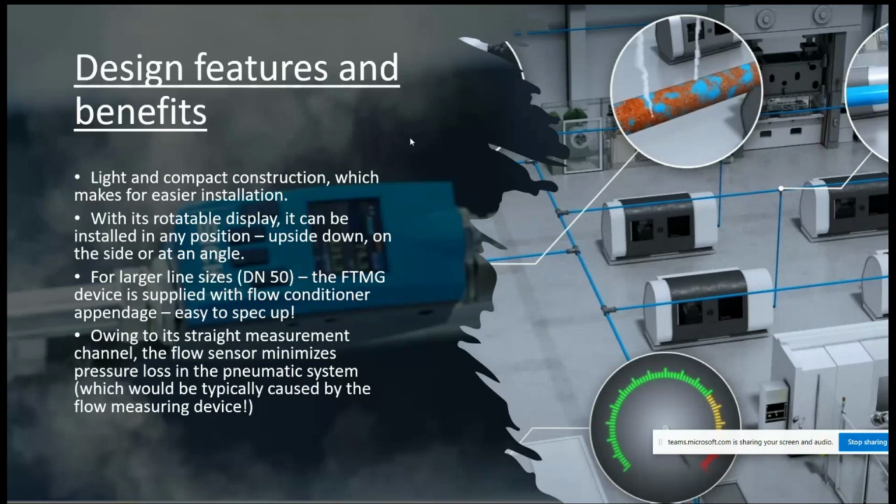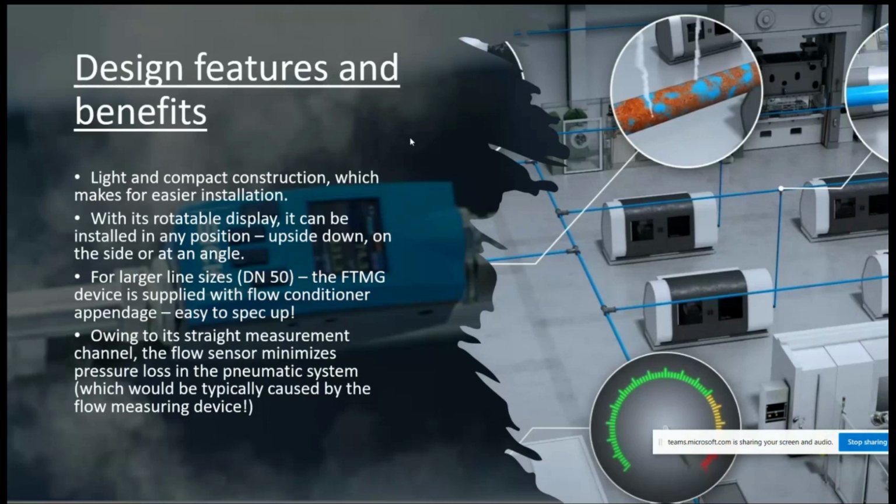There's a developed flow, a laminar flow, and this meter needs that laminar flow to ensure that it's reliable, that your readout of flow and pressure is meaningful. So with the DN50, you get an appendage, like a flow conditioner tube, supplied with it. So it's going to mean minimal disruption for your line.